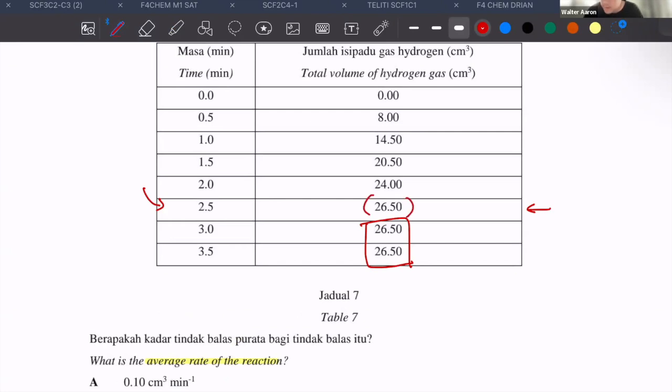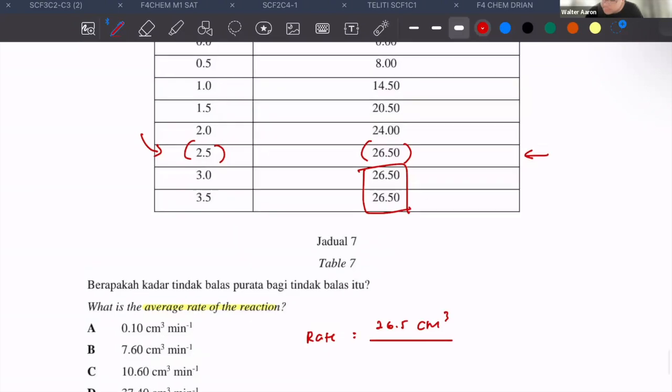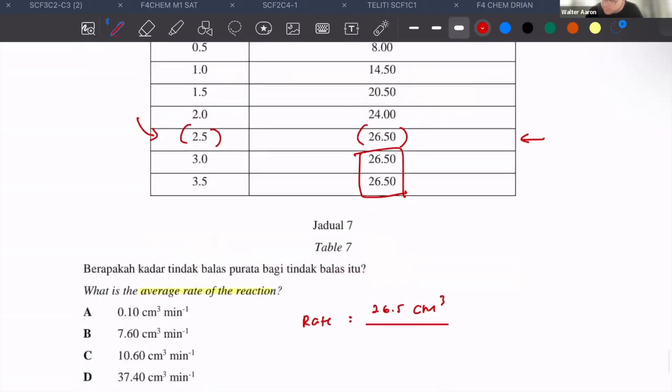So total volume of gas divided by total time taken will be 26.5 cm cube divided by 2.5 minutes. That will give you 10.6 cm cube per minute. So the answer will be C.